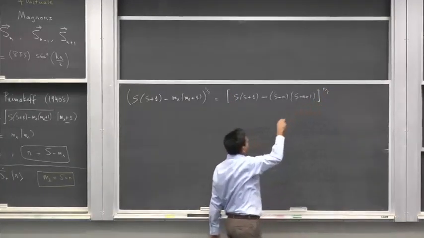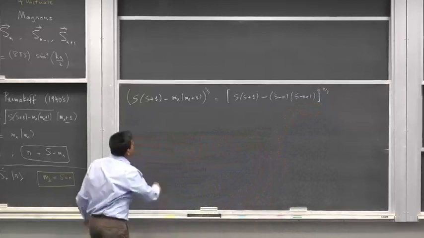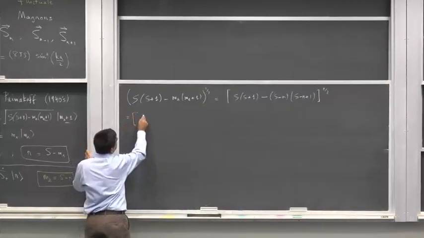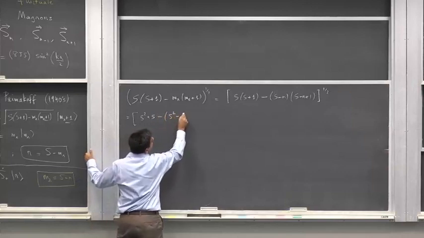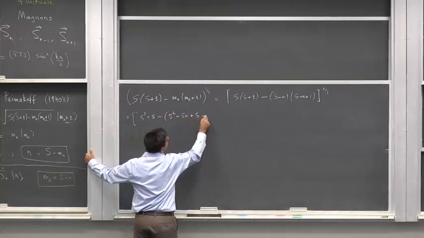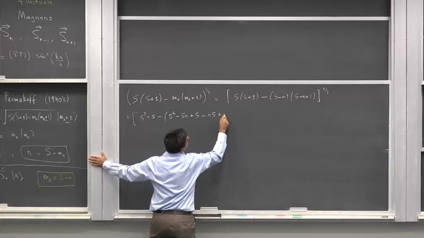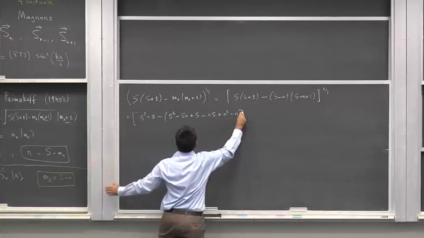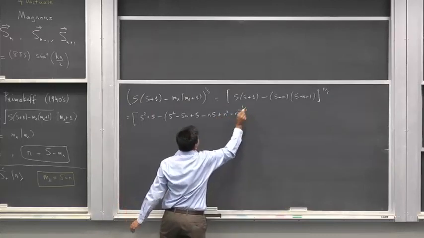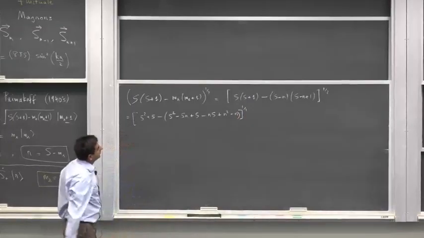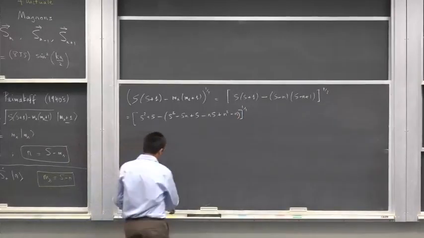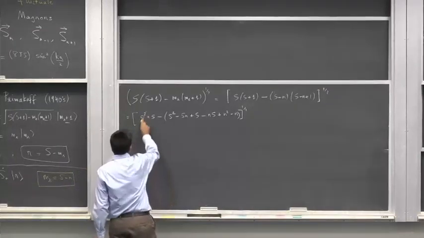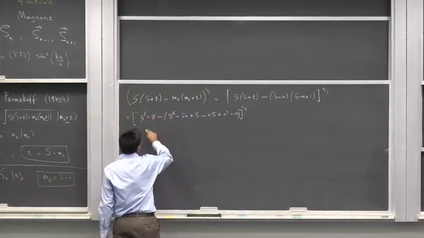Let me simplify this a little bit. So this is s squared plus s minus s squared minus sn plus s minus ns plus n squared minus n. What I can do is make some cancellations, and s squared goes away.